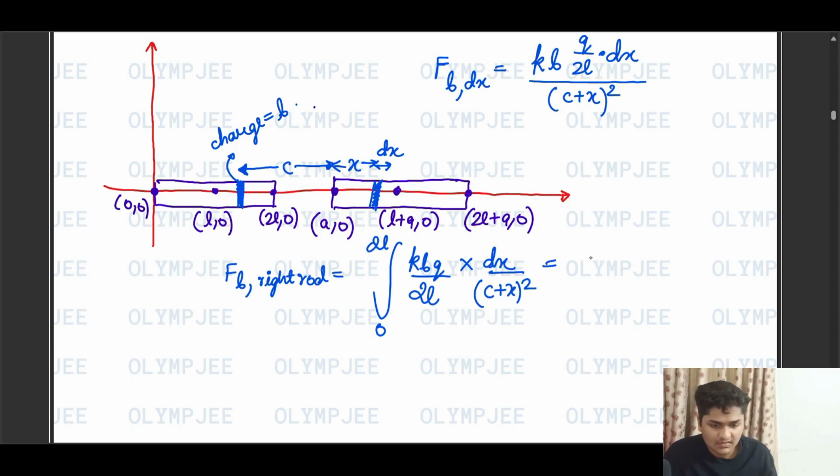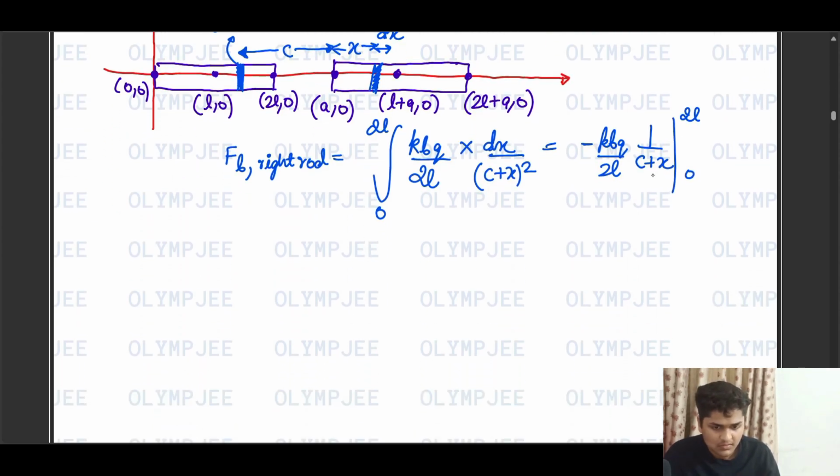So we will get minus of KBQ by 2L times 1 by (C plus x) from 0 to 2L. So this will give us 1 by C plus 2L.